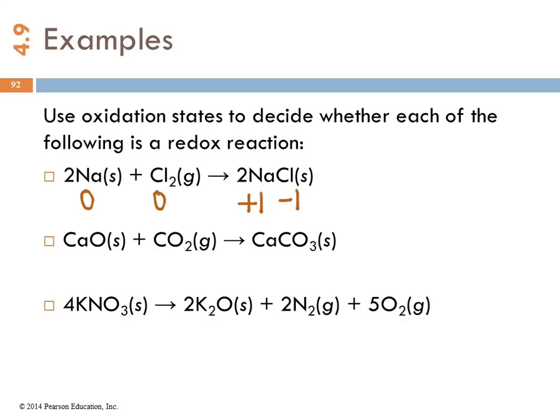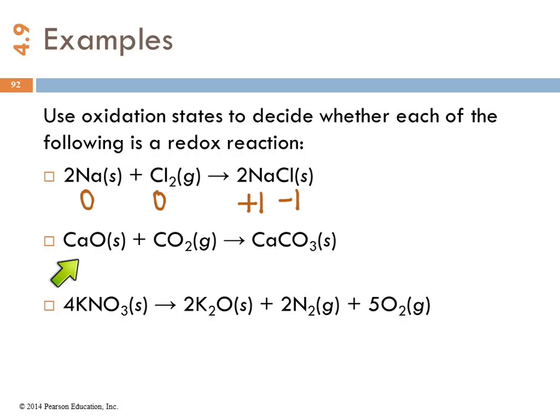Oxidation is losing electrons. So the sodium is oxidized. The other thing is reduced. Who's the reducing agent? The sodium. The sodium is the reducing agent because the other guy is being reduced. He's not starring in the movie. Chlorine's starring in the movie. Sodium is the agent that allows him to star in the movie.